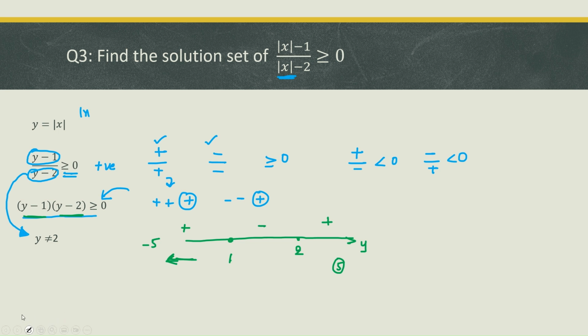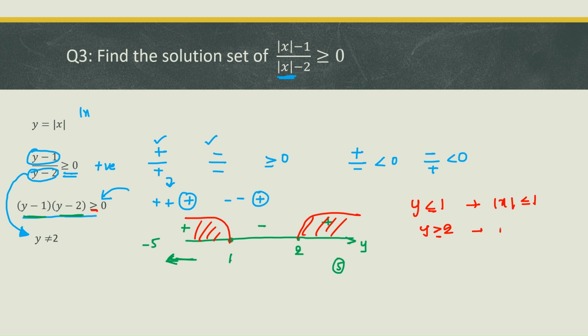Now I want values of y which are greater than or equal to 0. That means these are the values of y that I need. So y can be less than 1, it can also be equal to 1 because there is equality, and y can be greater than 2. Y is nothing but mod x.